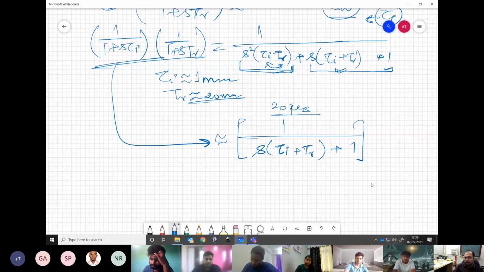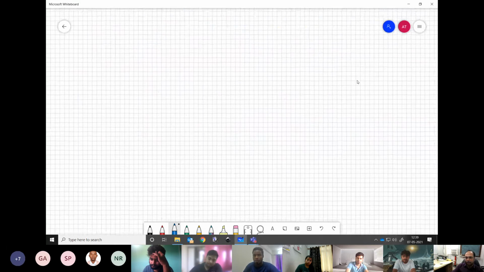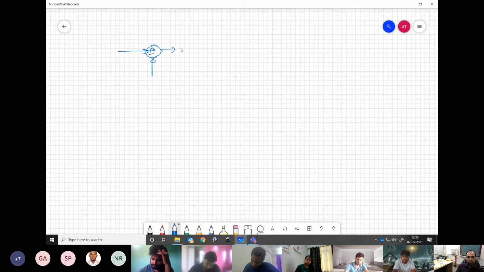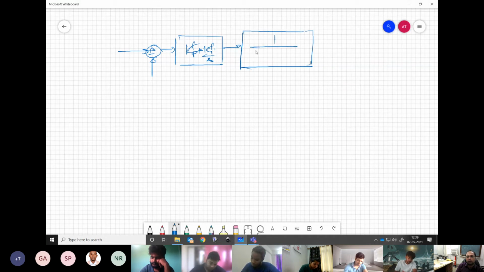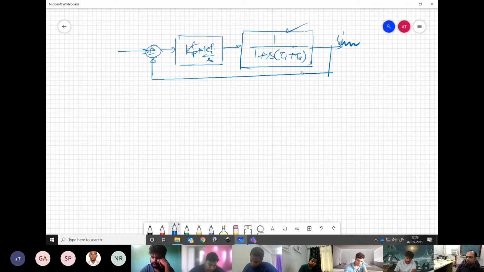So then our plant, or our control loop, can be simplified as follows. Is that clear? This understanding you have now, how we are coming to this.